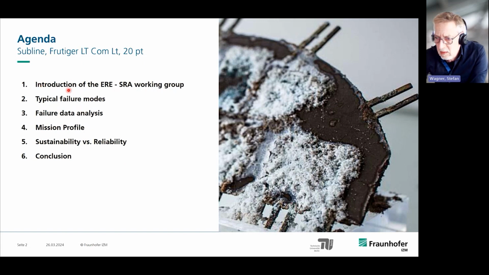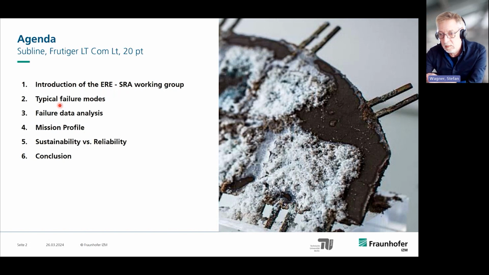I will start with a small introduction of the ERE as our working group. ERE stands for Environmental and Reliability Engineering. This is the department of which I was a part, and our working group is the System Reliability Assessment Working Group from the Fraunhofer ISATM.